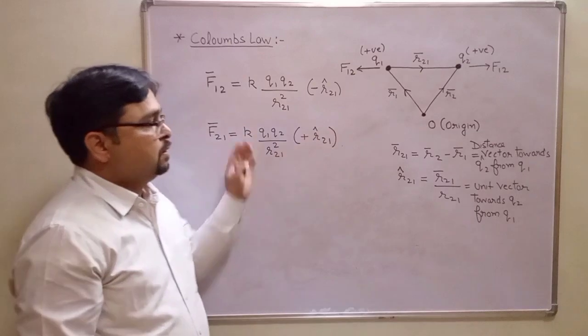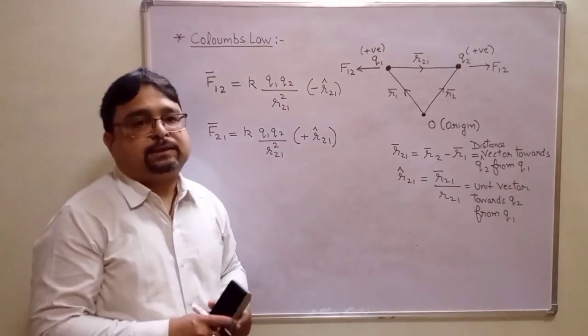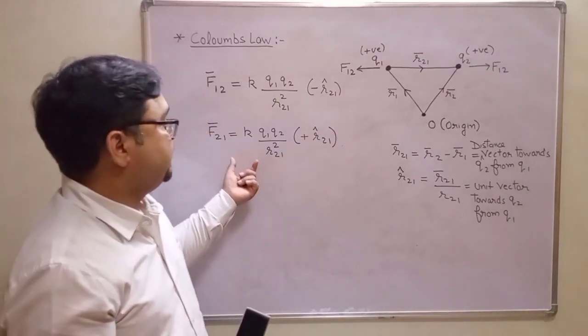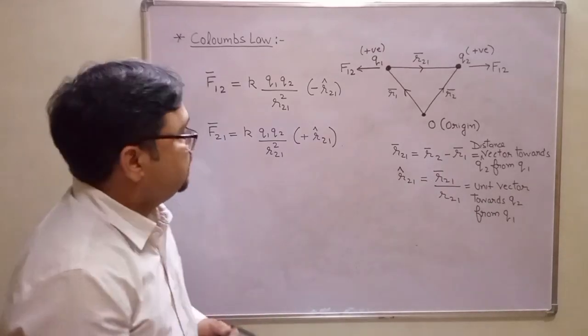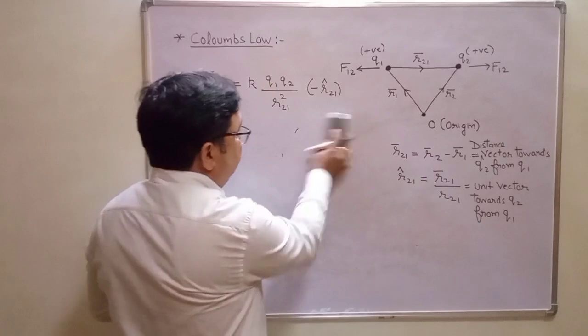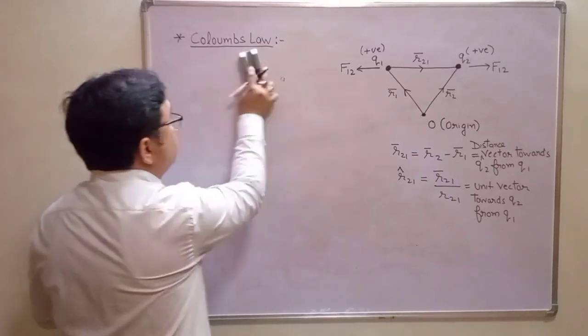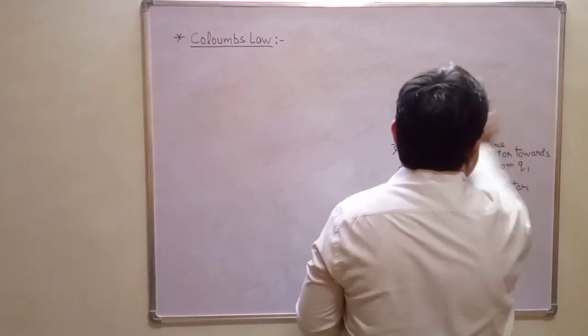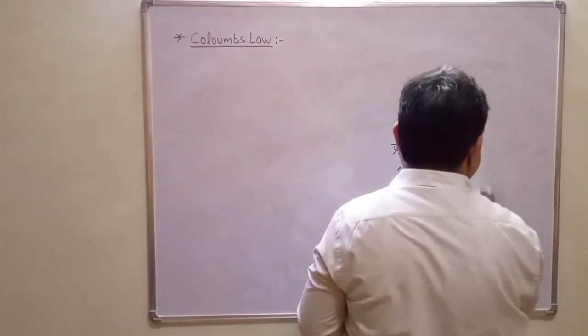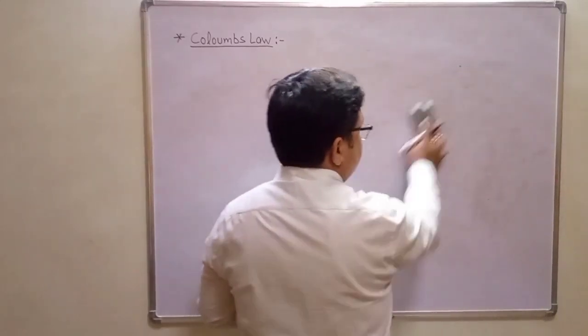Using the same type of analysis, we can find out the formula for multiple charges as well. We can use simple vector analysis to find out the force on a particular given charge due to multiple charges.